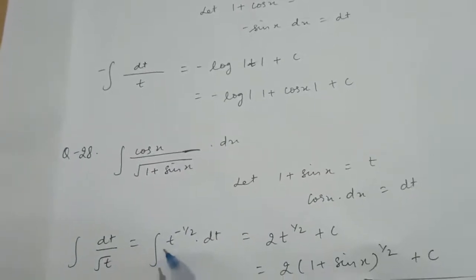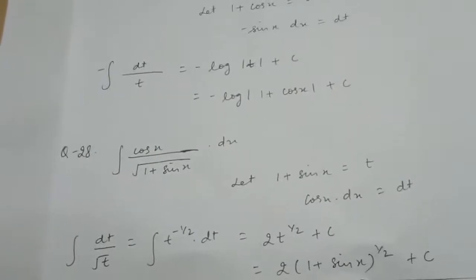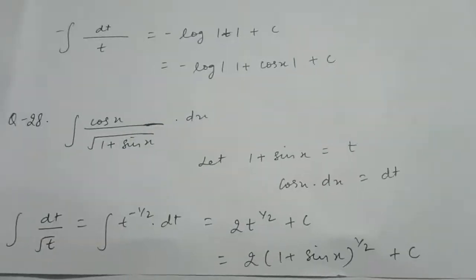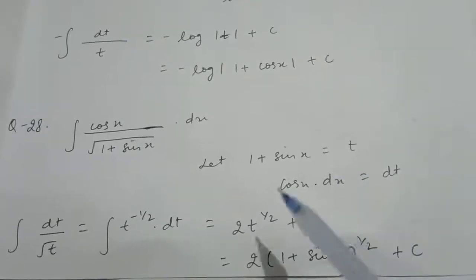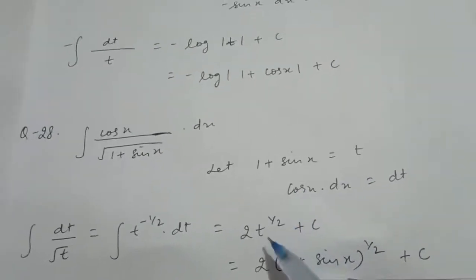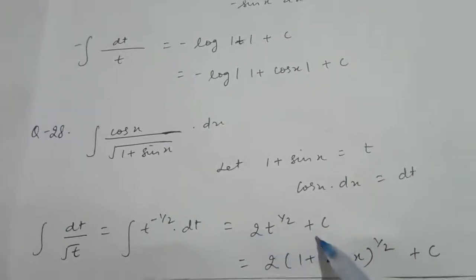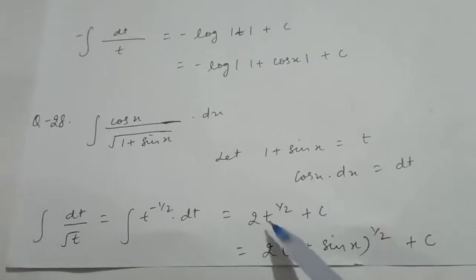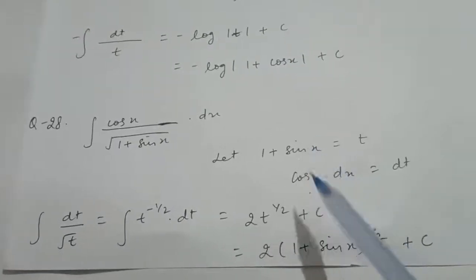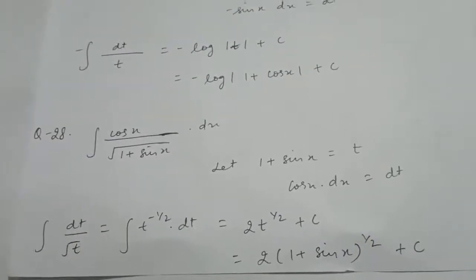So this is equal to the integral of t raised to the power minus 1 by 2 into dt. So the integral of this will be t raised to the power 1 by 2 upon 1 by 2. So that denominator will be 2 in the numerator, plus c, equal to 2 into, in place of t put this value, 1 plus sin x raised to the power 1 by 2, plus c.